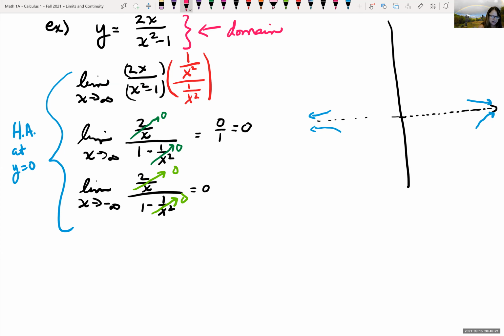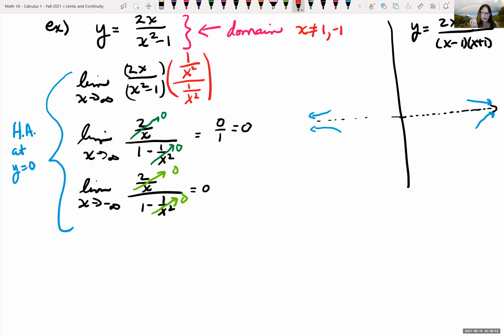Here, if I factor this, I get the same thing as y equals 2x all over, factoring the denominator, a difference of squares, x squared minus 1 is x minus 1 times x plus 1 in factored form. And so I notice that x cannot be 1 or negative 1. That's where I'm going to have problems.